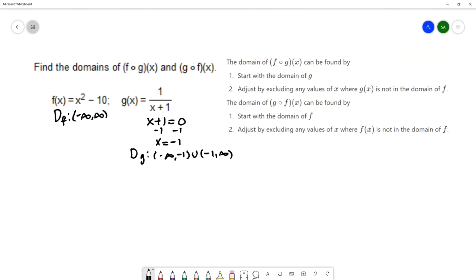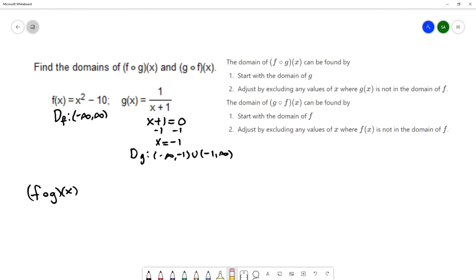So now we found the domain of these individual functions, and we want to find the domain of these composed functions. So let's start with f composed with g of x. Now when we're finding the domain of f composed with g, we're going to start with the domain of g.